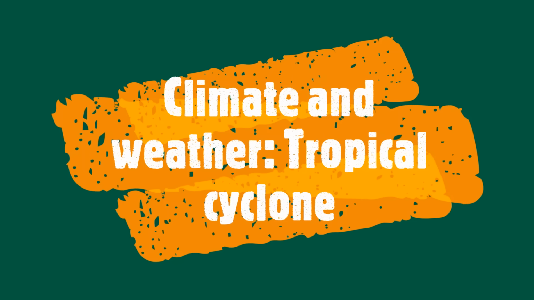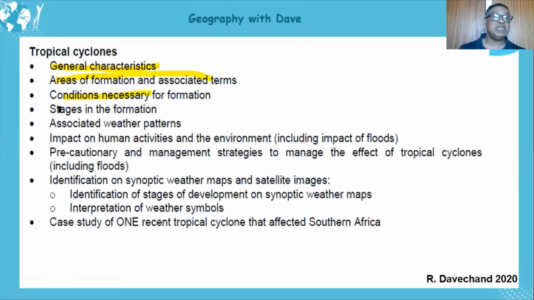If you refer to my lesson on mid-latitude cyclones, it's more or less the same sort of concepts, but based on the tropical cyclone: areas of formation, conditions necessary for formation, stages in the formation, associated weather patterns, impact on humans and environments, precautionary measures and strategies that can affect tropical cyclones, identification on synoptic weather maps, and one recent tropical cyclone that has taken place.